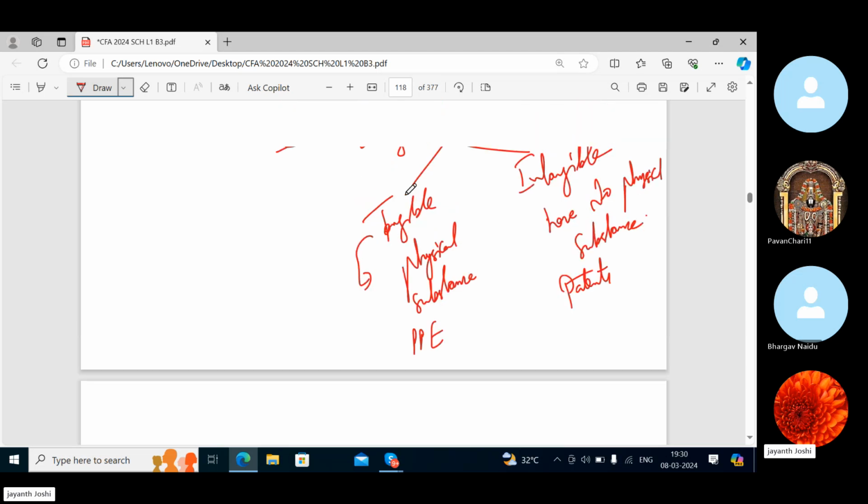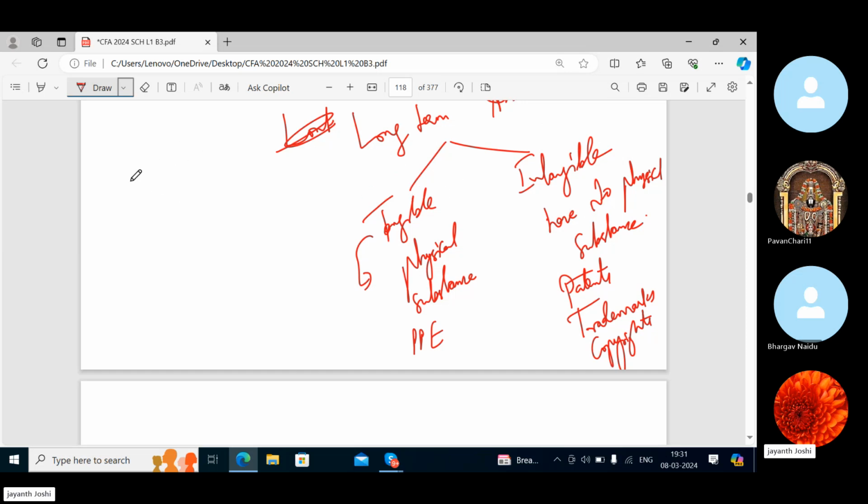With physical substance, you can touch it, you can physically see that it exists. Intangibles are more often in documented forms: patents, trademarks, copyright, franchise, etc. These are all examples.